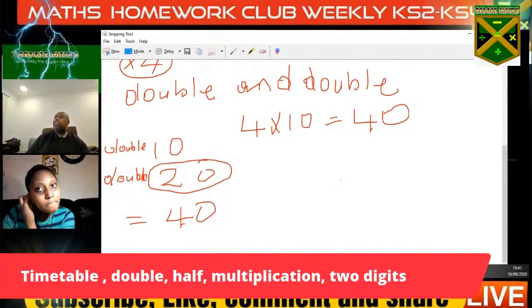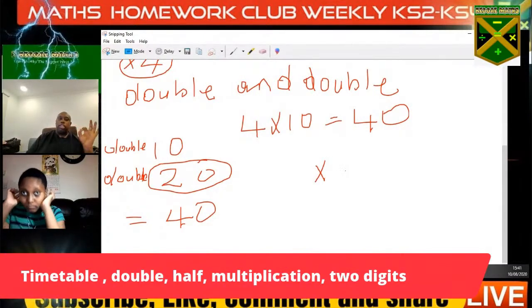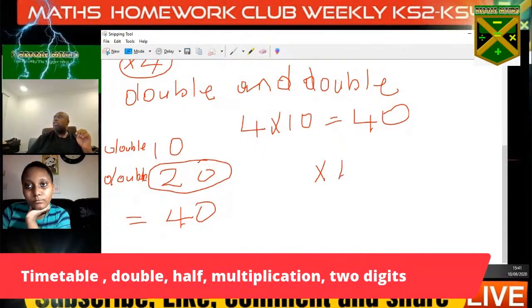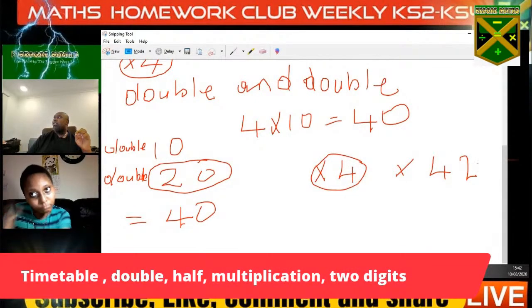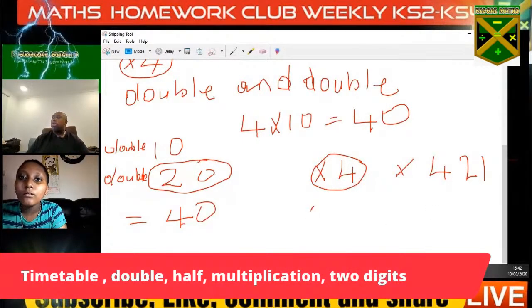Right. Let's try a very difficult number. I want you to think about this, Denzel. Let's try 4 times 421. So step 1, we're going to double.